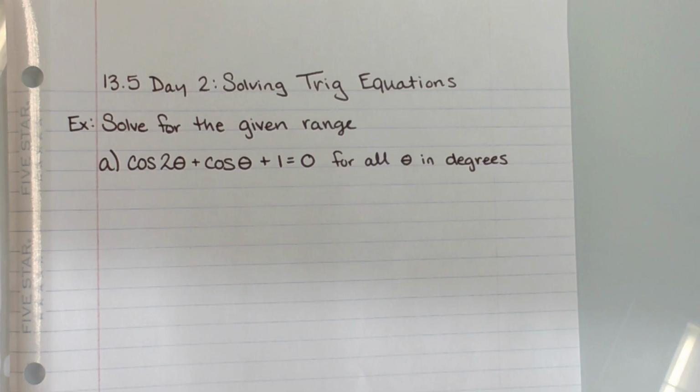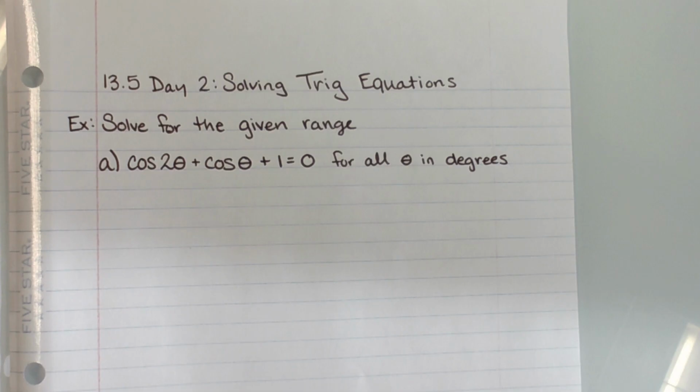Generally speaking, our goal in solving for trig is to get a single trig ratio equal to a number. But when those trig ratios have different angles, we've got a problem, such as this. So we need to get down to having the same angle throughout the problem.